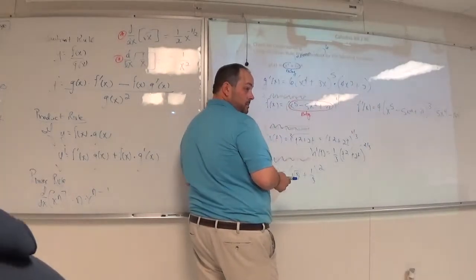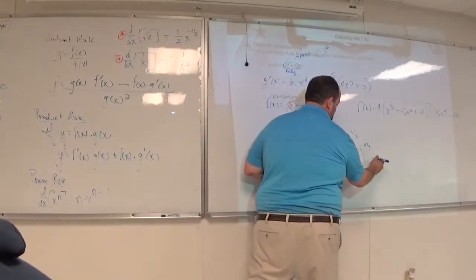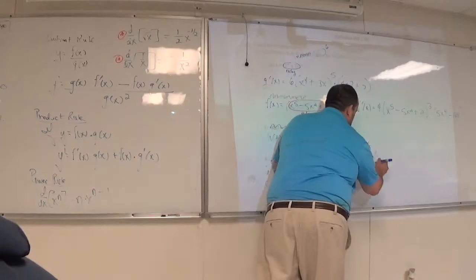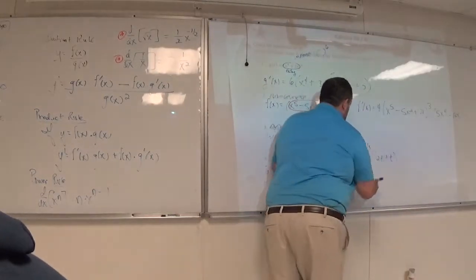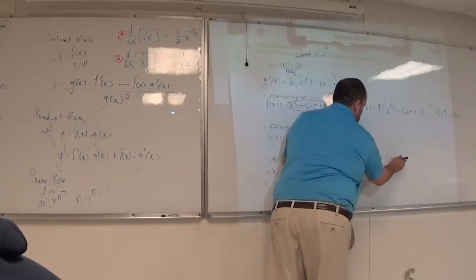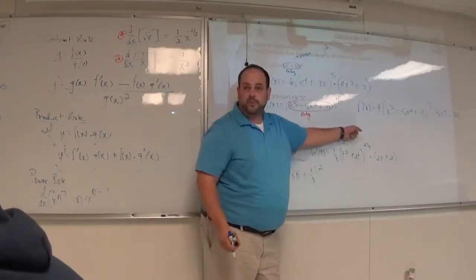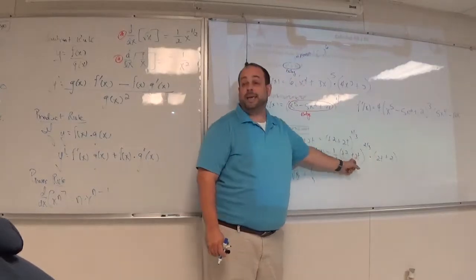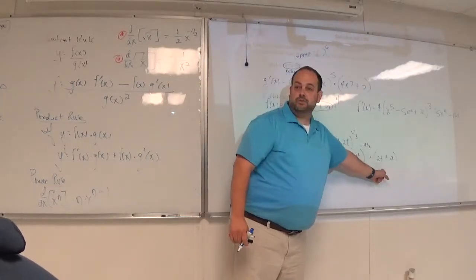And then you do the derivative of that baby, which is 2t plus 2. Bring that power down, reduce the power by 1, but that baby gets left alone, times the derivative of the baby.